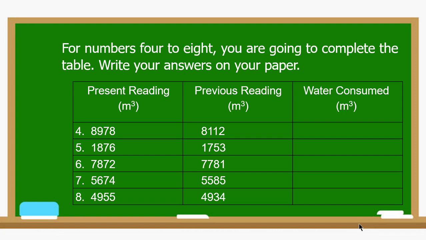Number 5, 1,876 meter cube is the present reading, and 1,753 meter cube is the previous reading. Number 6, 7,872 meter cube is the present reading, and 7,781 meter cube is the previous reading.